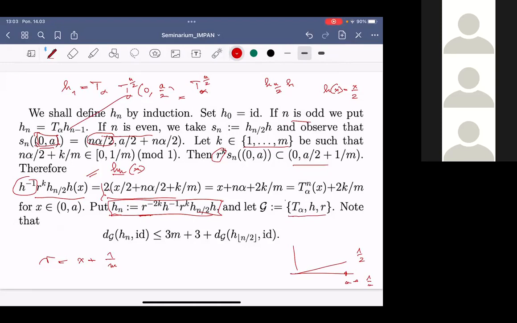So it consists of only 3 elements. And we can see now that the length of hn is less than or equal to, now look at when n is even. So the length of hn, of this word, is less than or equal to the length of h of n over 2.